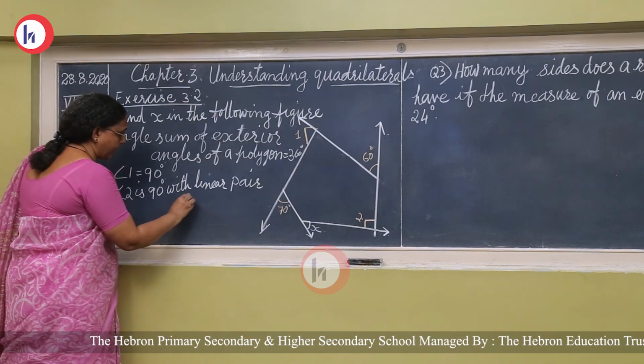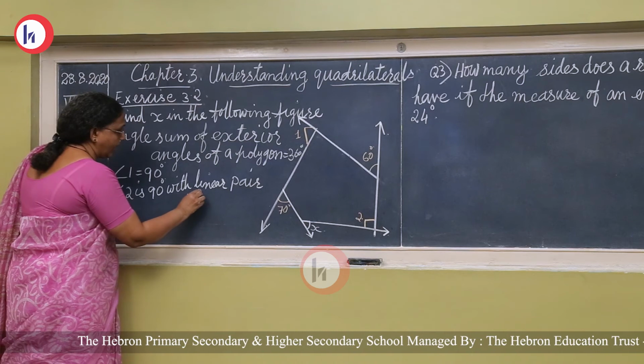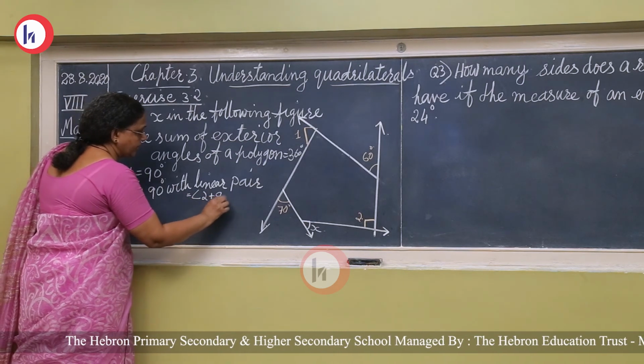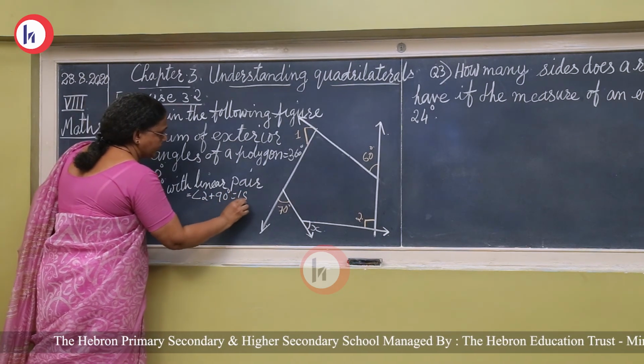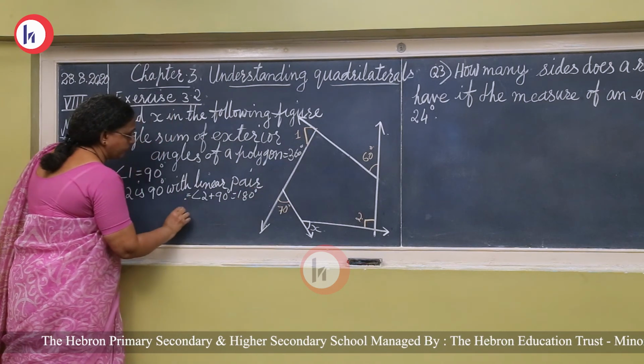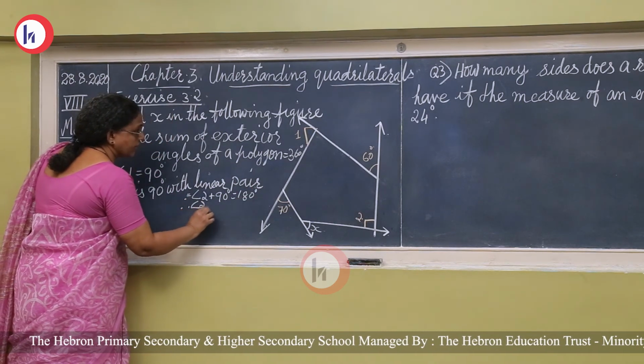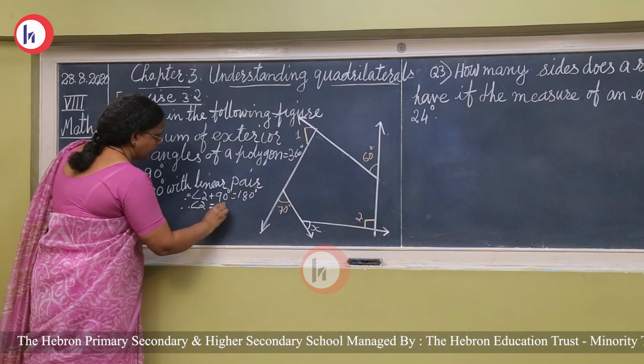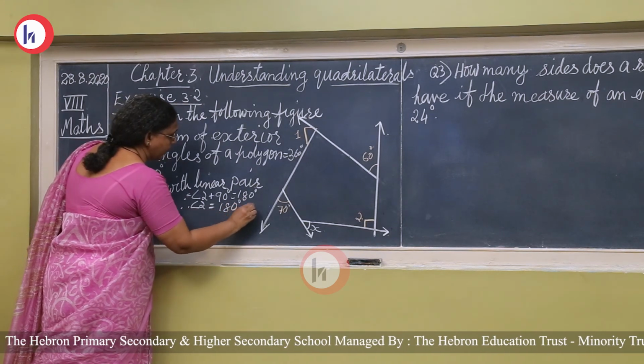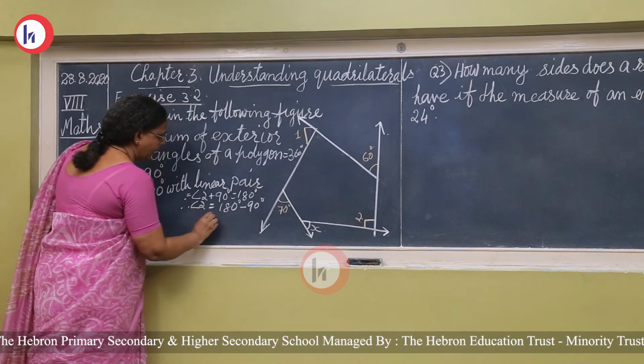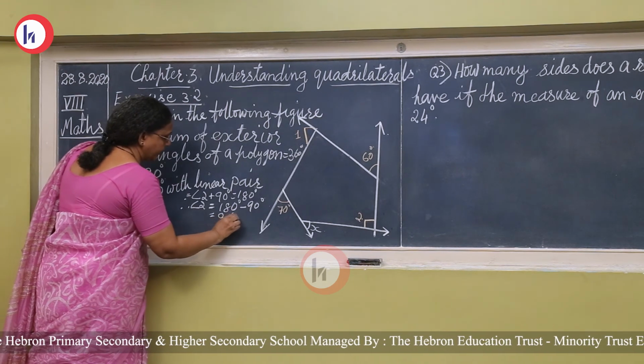That means angle 2 plus 90 degrees is equal to 180 degrees. Therefore, angle 2 is equal to 180 minus 90 degrees, that is equal to 90 degrees.